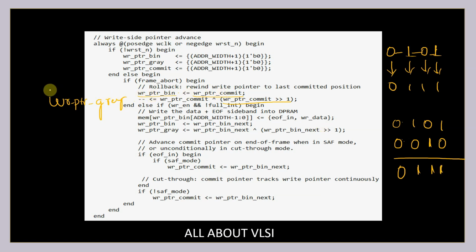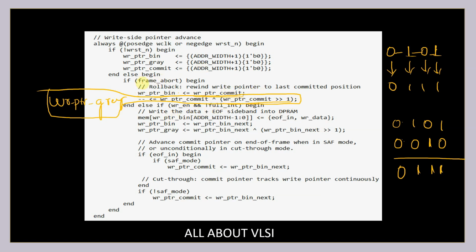That is what we have written here: write pointer gray equals write pointer commit XOR with write pointer commit shifted right by 1. That's it. Now we have converted our binary write pointer into gray format.